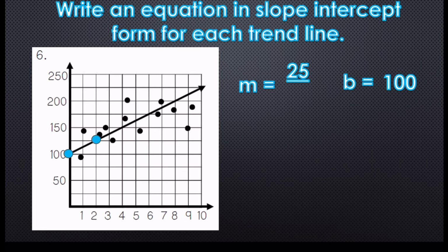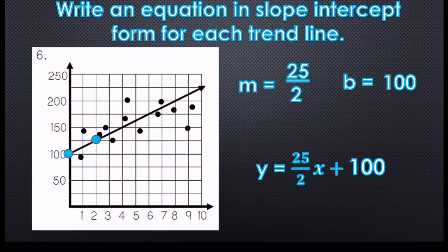Look at the numbers on the side. There's a line in between 100 and 150. Then what happens is I go to the right 2. So I write y equals 25/2 x plus 100.